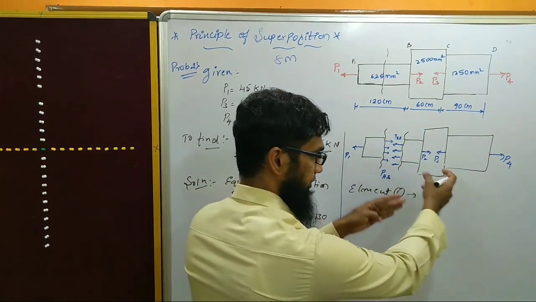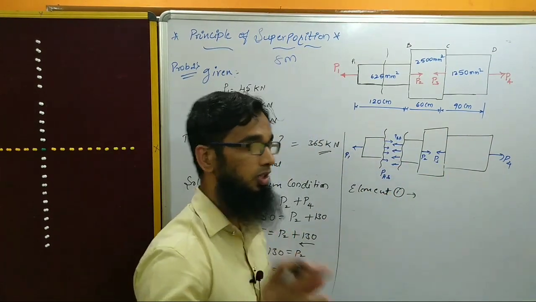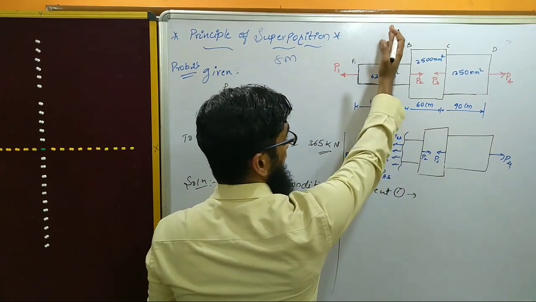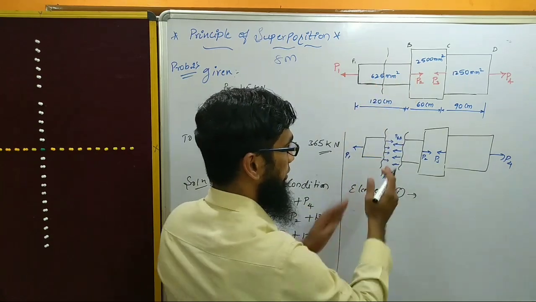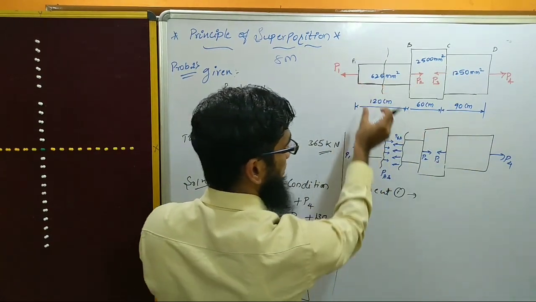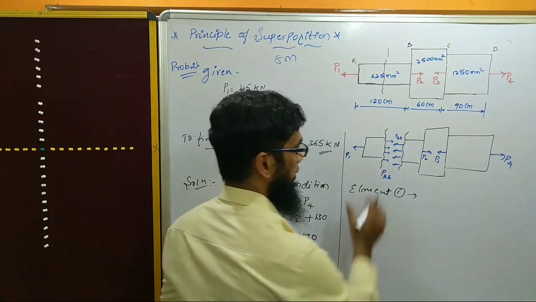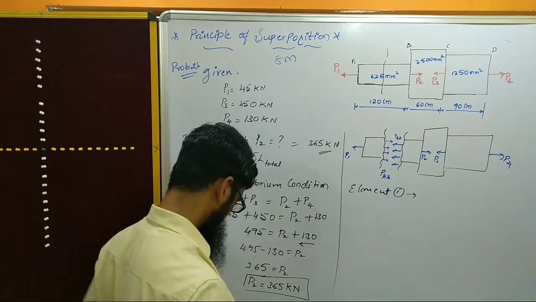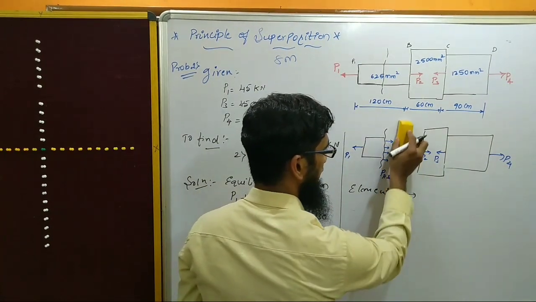Now this figure is applicable for only element 1, because I am taking the section, cutting only the center part of element 1, this part, because this part remains as it is here. Now from this condition you just take only this half part here. I'll just remove the second part.